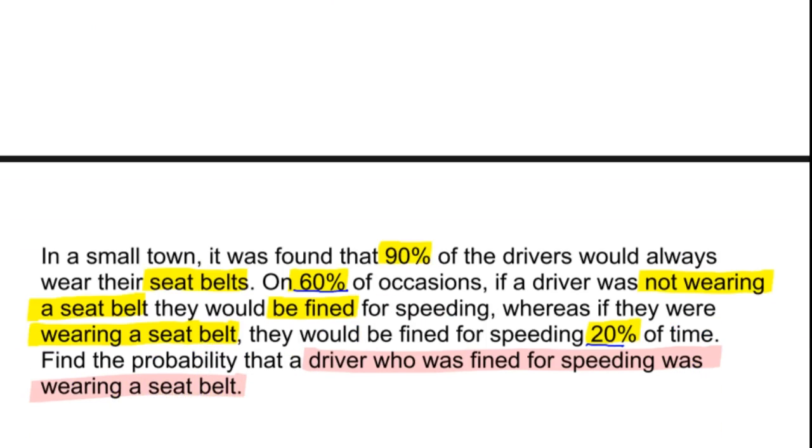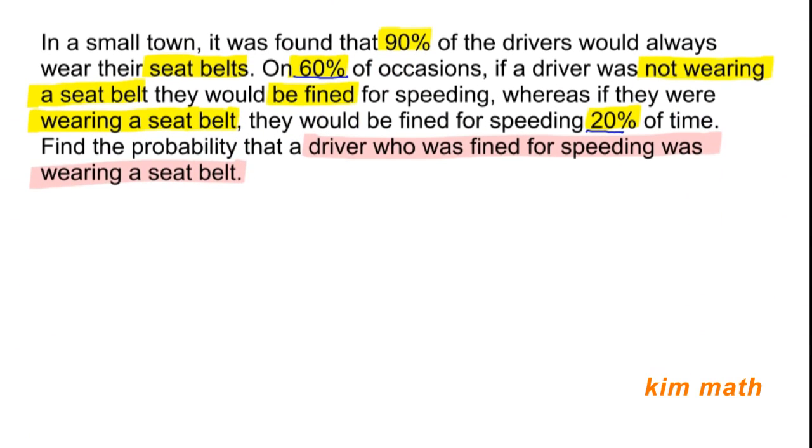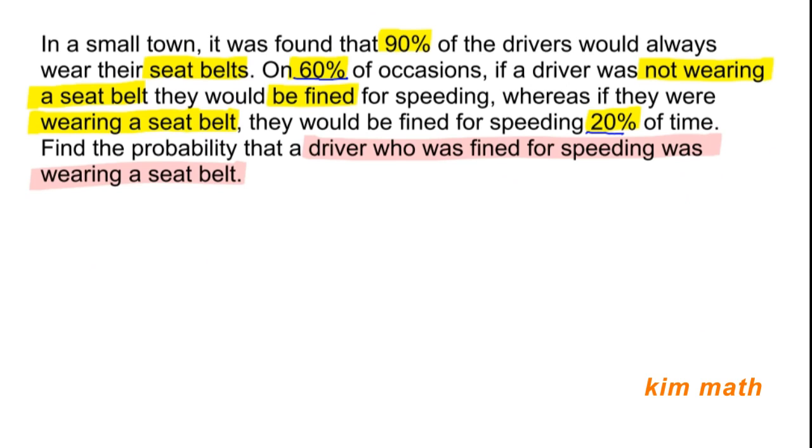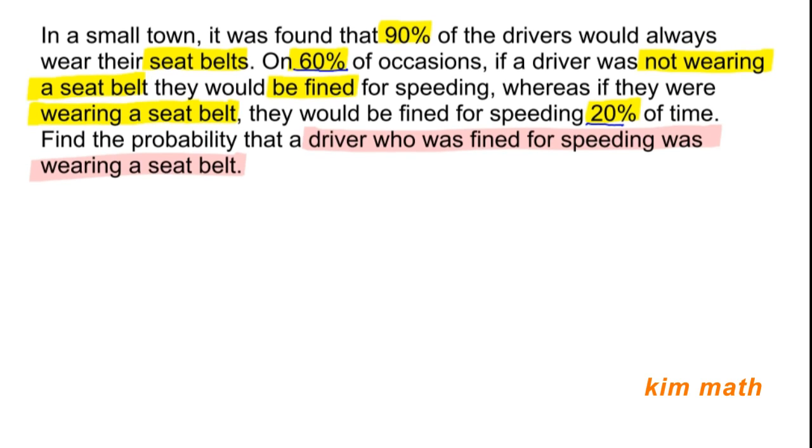Now we'll try to solve one question. In a small town, it was found that 90% of the drivers would always wear their seat belt. So is it possible to make some tree chart? So belt, how many percent? 90%, right?